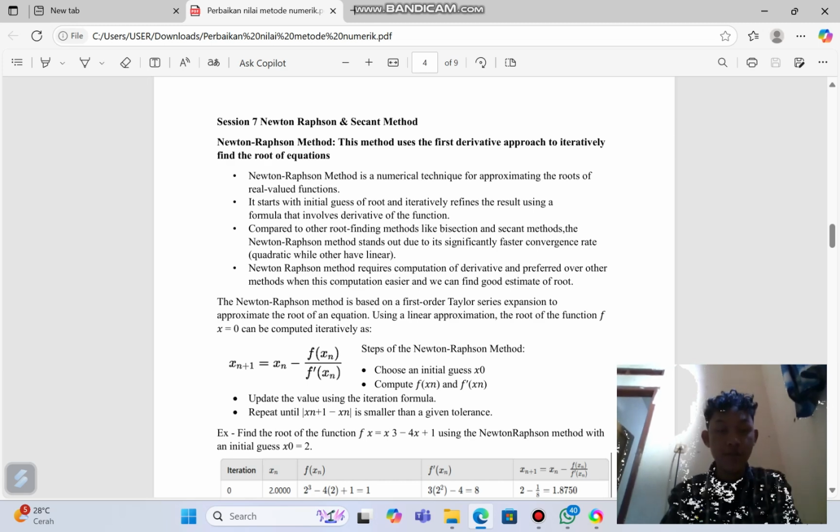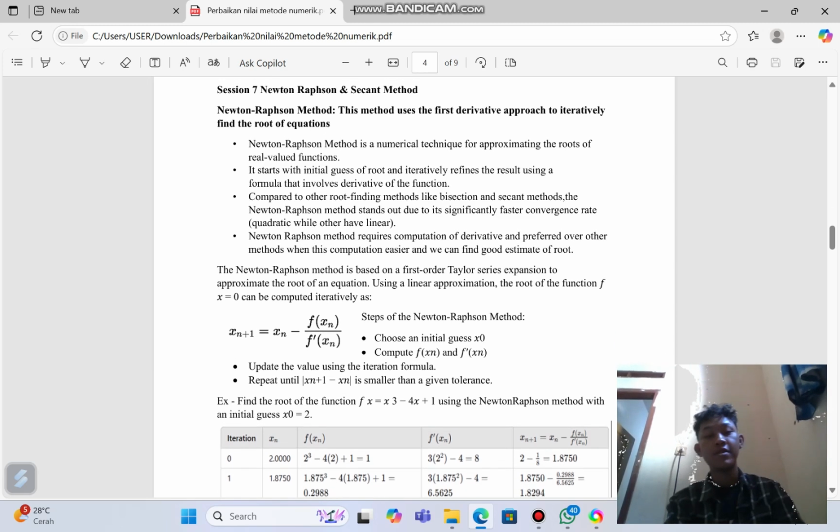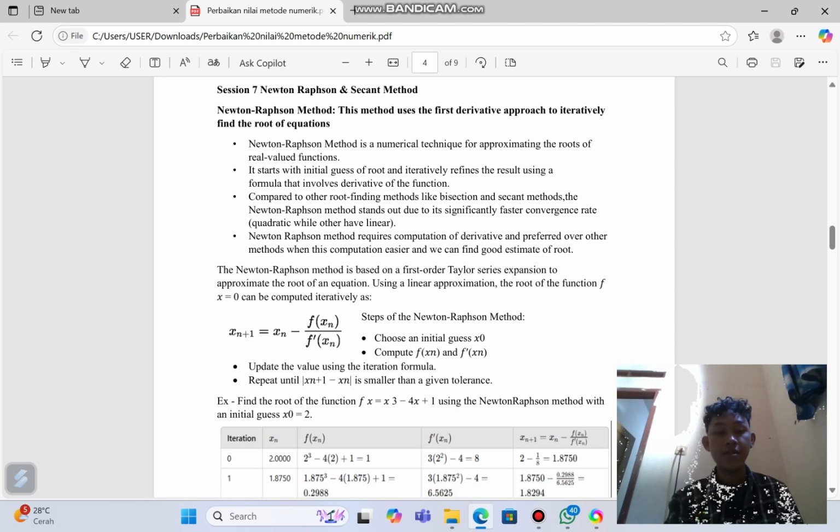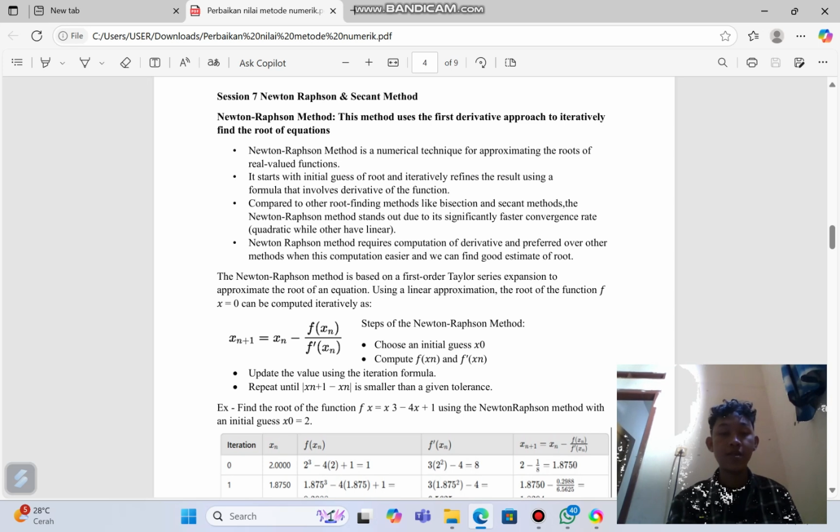First, Newton-Raphson method. I will explain about that. This method uses the first derivative approach to iteratively find the root of an equation. Newton-Raphson method is a numerical technique for approximating the roots of a real-valued function. As we know, numerical method is about approximating, or finding an approximation of, the exact value.